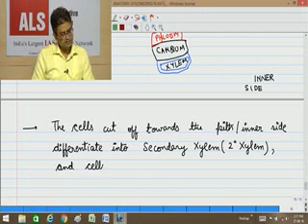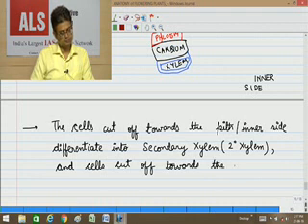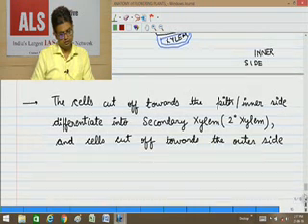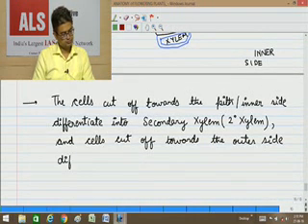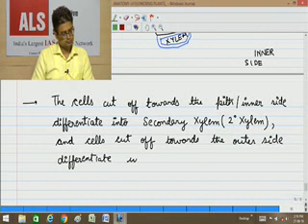And cells cut off towards the outer side differentiate into secondary phloem.